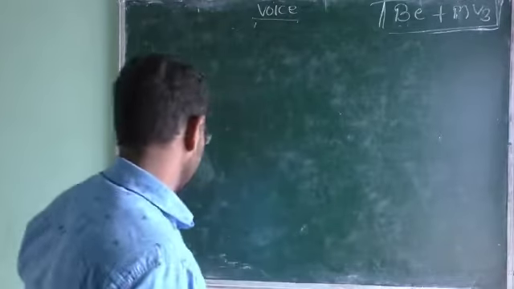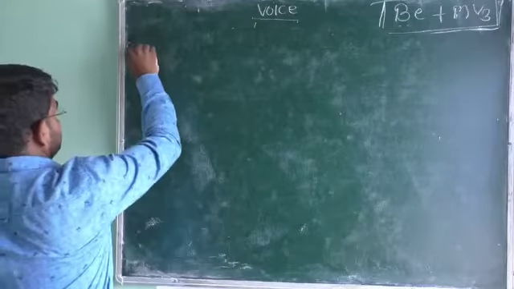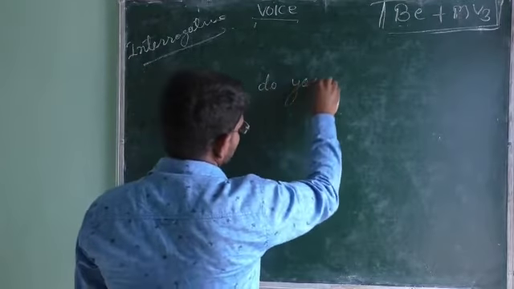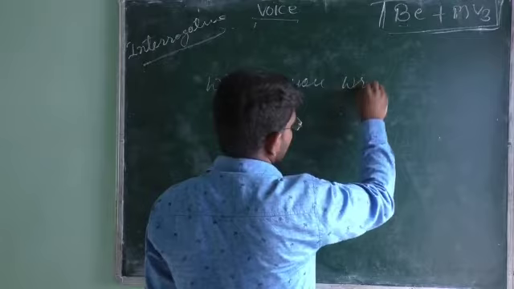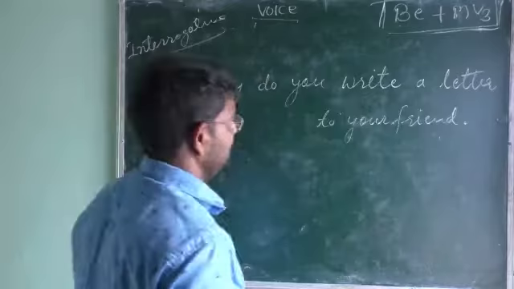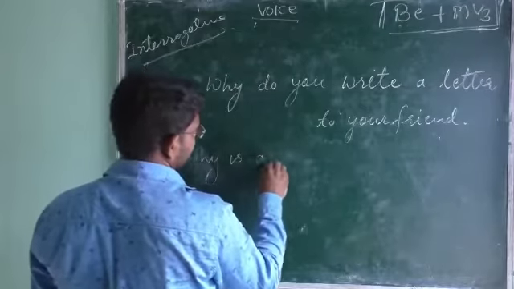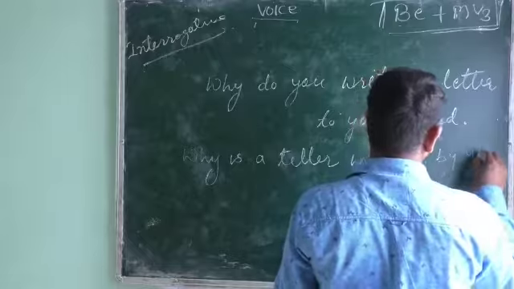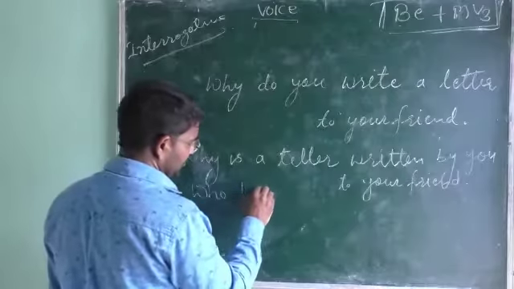And next we change an interrogative sentence. Why do you write a letter to your friend? Change it: Why is a letter written by you to your friend? Next, who broke this table?